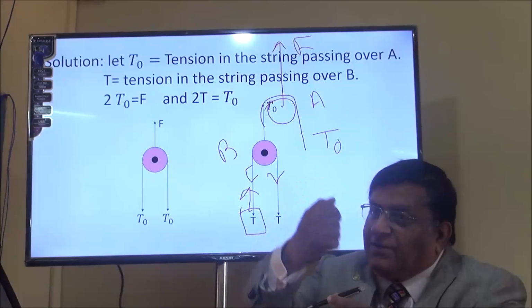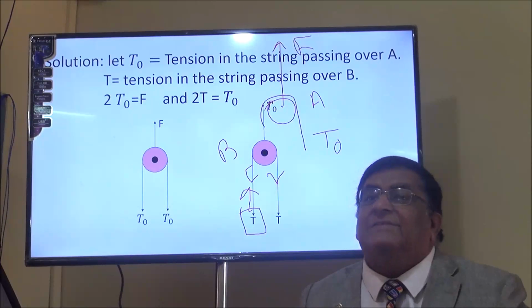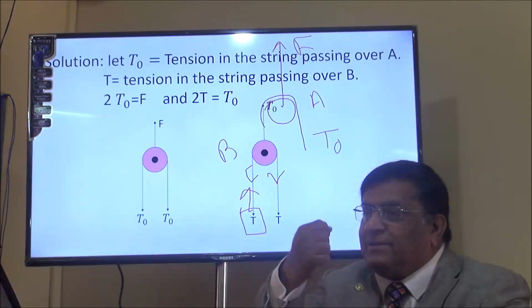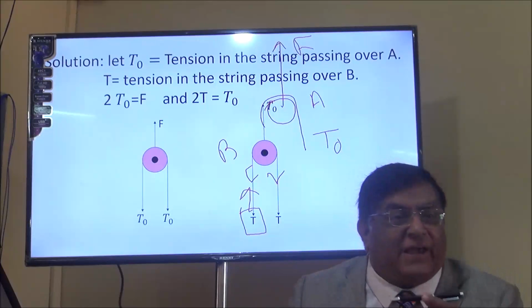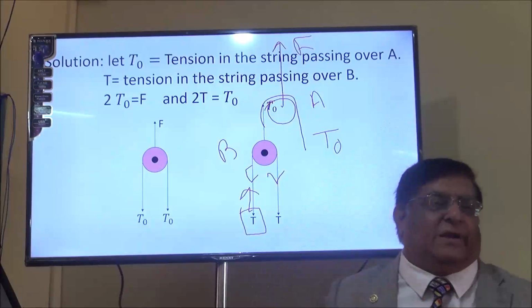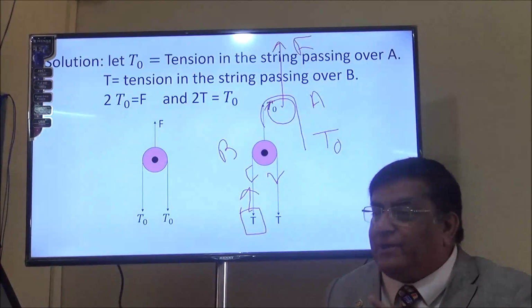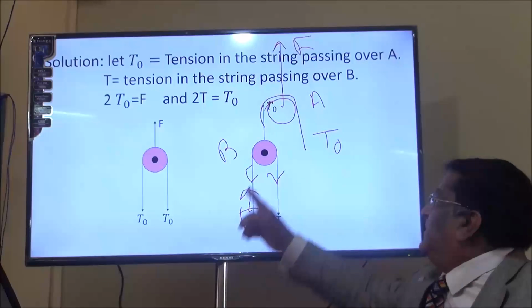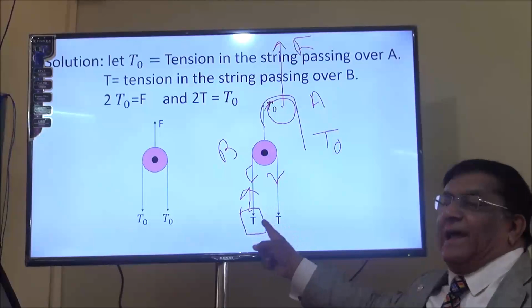My applied force is less. If I apply 70, the 50 one will rise. If I apply more than 150, then both will rise. Is it clear? So here what we have calculated, the tension here is less than this force as well as this force.